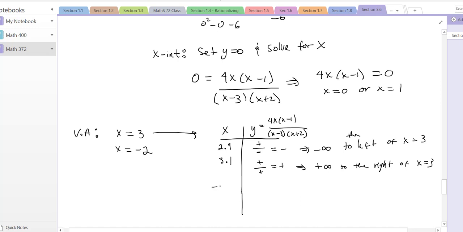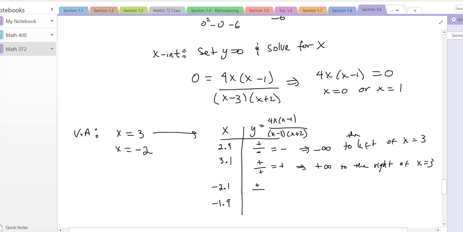So we can try negative 2.1 to the left and negative 1.9 to the right and see what happens. When I put in negative 2.1, 4 times negative 2.1, that's negative. But then negative 2.1 minus 1, that's negative also. So negative times a negative is positive.